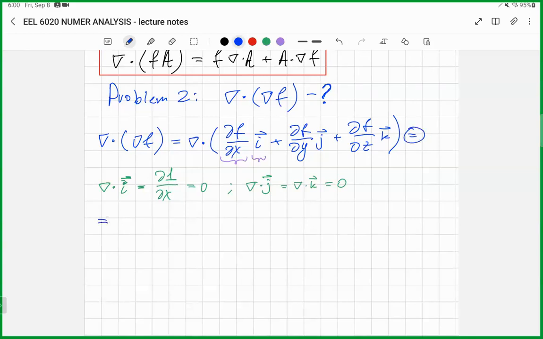So let's continue here. We just take the unit vectors out of the vector operation.